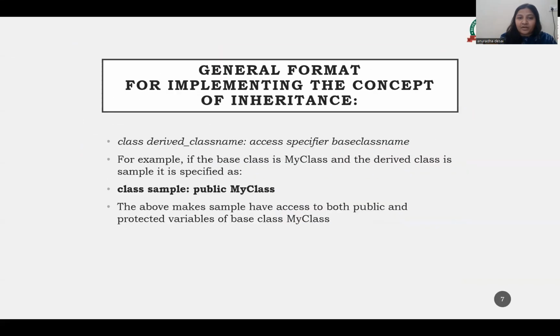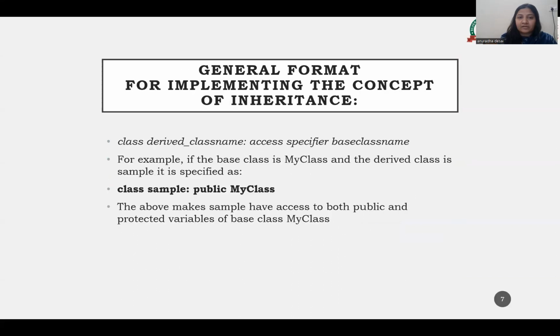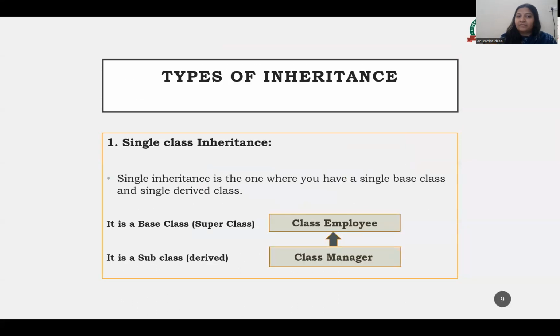A quick revision of all the 5 types. Here we can say single inheritance, in which a class employee is there, class manager is there. Manager is a derived class from the class employee. Single inheritance is the one where you have a single base class and a single derived class.